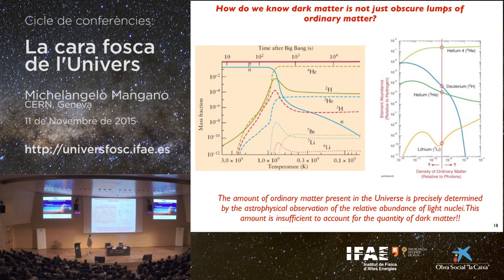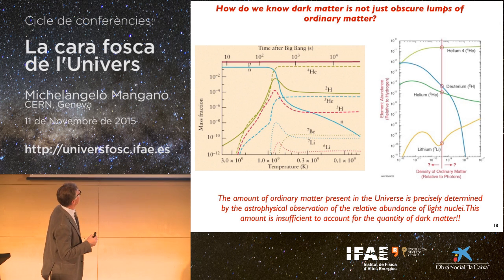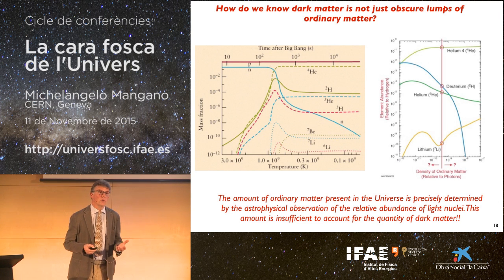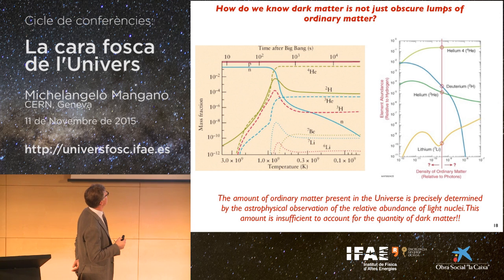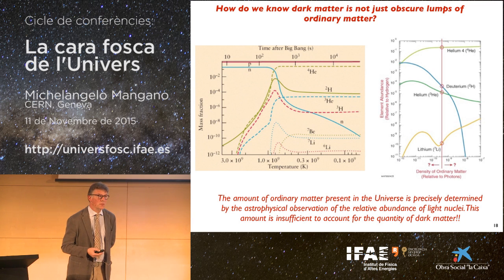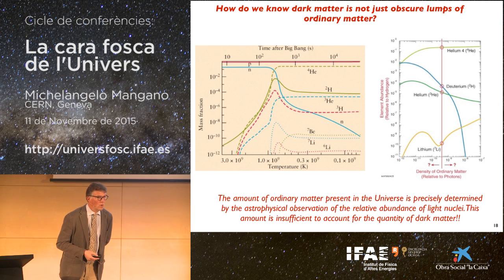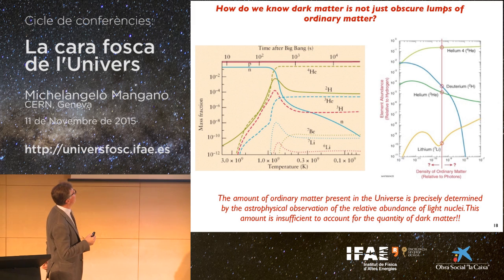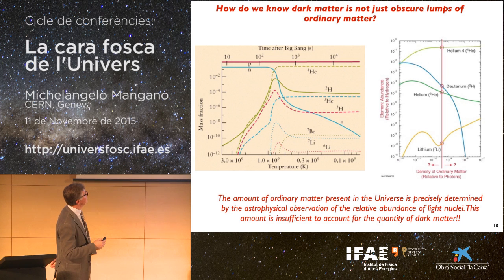This picture shows, as a function of temperature, and therefore as a function of time after the Big Bang in seconds, the fraction of the composition of the universe in terms of protons, neutrons, helium, deuterium, helium-3, tritium, beryllium, lithium, etc. So we can calculate, on the basis of the equations of the standard model that we tested and we know to work, as the system cools down in the course of the Big Bang, how much is created of all of these elements.